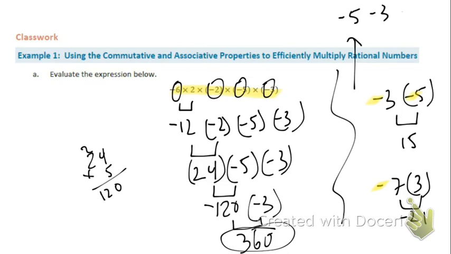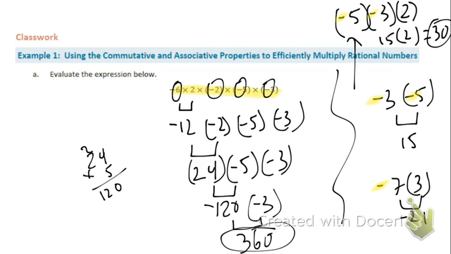Actually, let's change it to positive 2. Right here, you could look at the problem and already determine whether the answer is going to be positive or negative by how many negatives there are. So here, there's 2 negatives. Remember, you can think of it as they kind of cancel each other out. Remember, negative times negative is positive. And then multiply those by each other, we get positive 30.